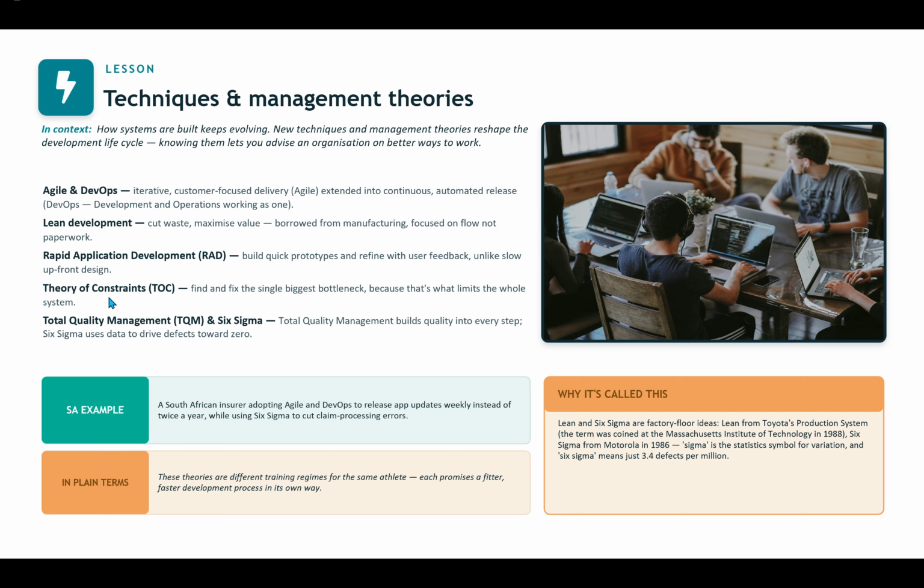There's also lean development, which cuts waste and maximizes value, which is borrowed from manufacturing, especially from Toyota, and it's focused on flow, not on the paperwork. Then there's rapid application development, or RAD, which builds quick prototypes and refines using user feedback, unlike slow upfront design.